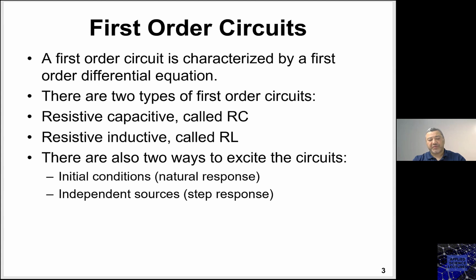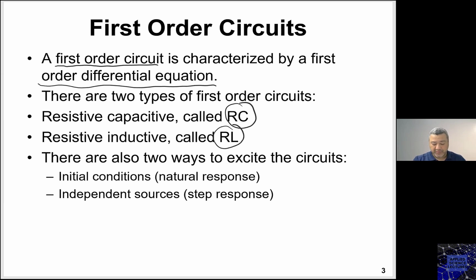So let's first start with the definition of the first order circuit. As I said, the name first order circuit comes from first order differential equations. Remember the relationship between the voltage and the current for the capacitor or the inductor, a first order differential equation. We have two types: the RC circuit, which is a capacitor and resistors, and the RL circuit, which is an inductor and resistors.